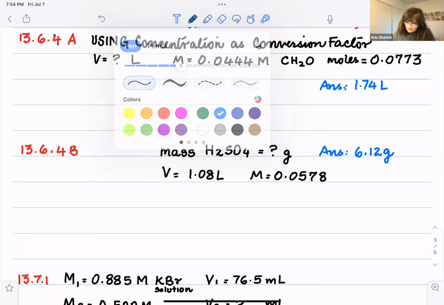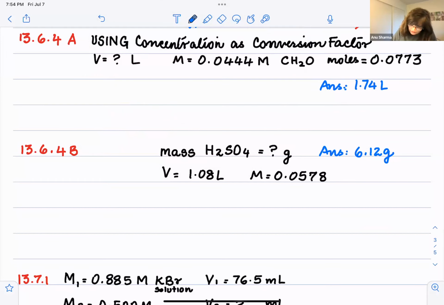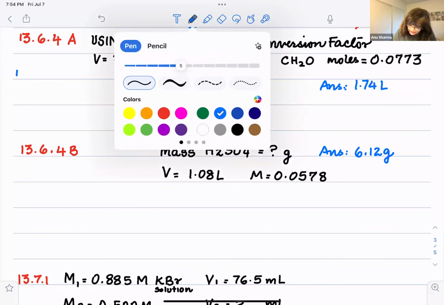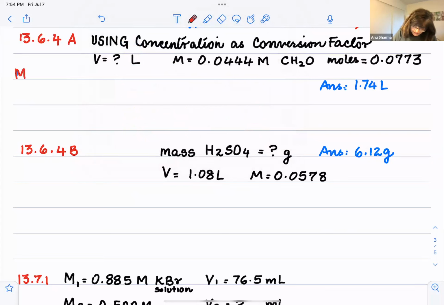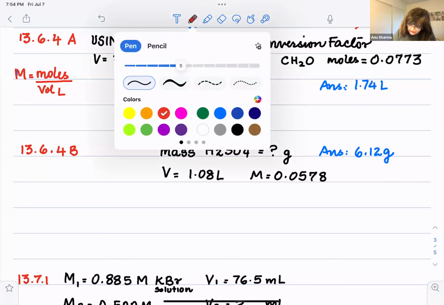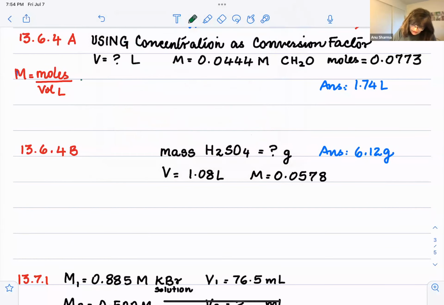So here, molarity, write down the formula. Molarity is equal to moles of the solute over the volume of the solution in liters. Molarity is given, moles is given.